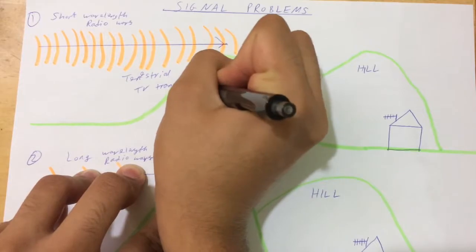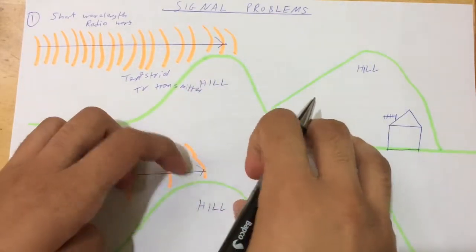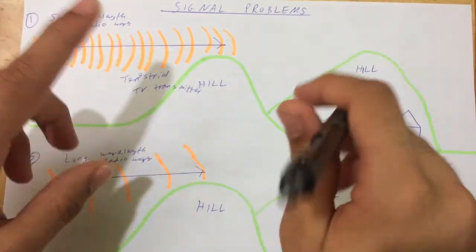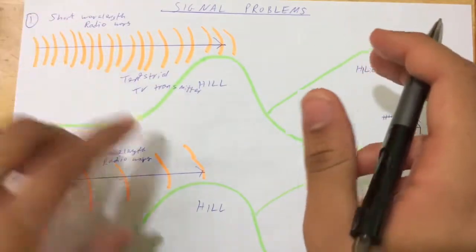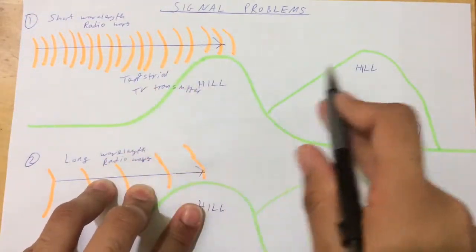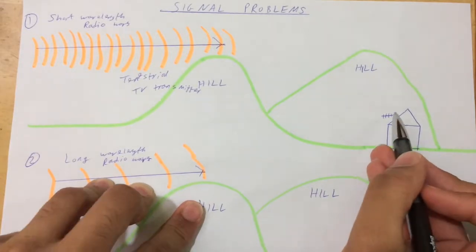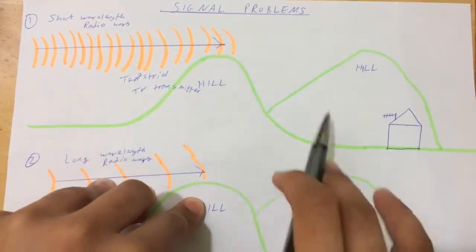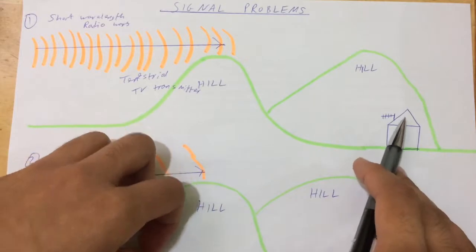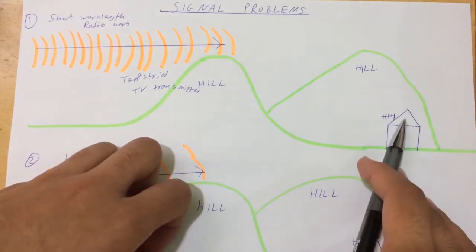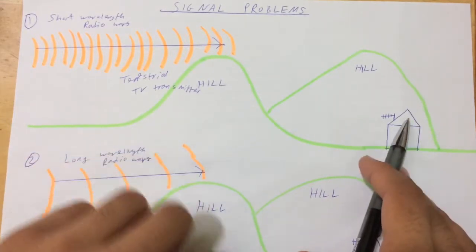Now, a terrestrial TV transmitter means locally, so not satellite TV. Here we have 2 hills. So this house is in a valley. Look at the receiver. Do you think that this house will have a good reception or a bad reception?